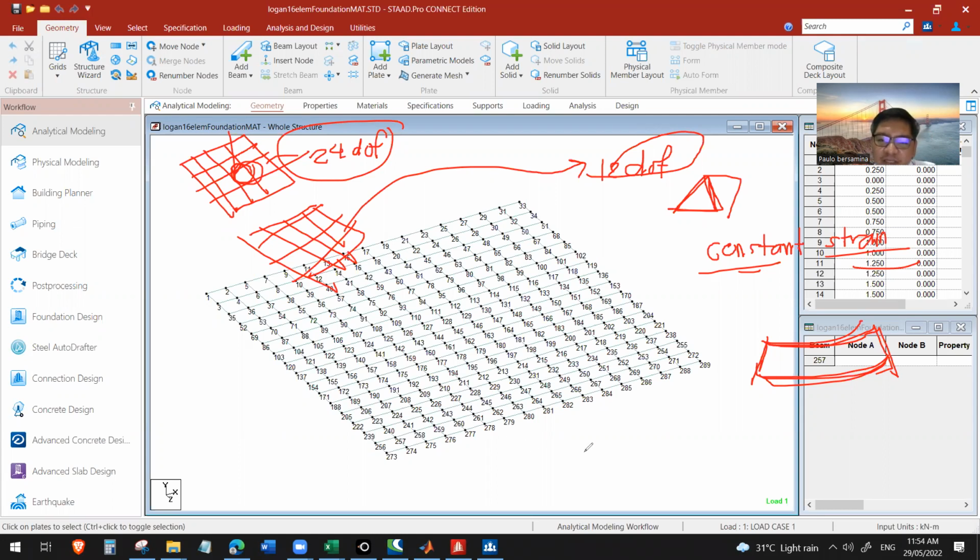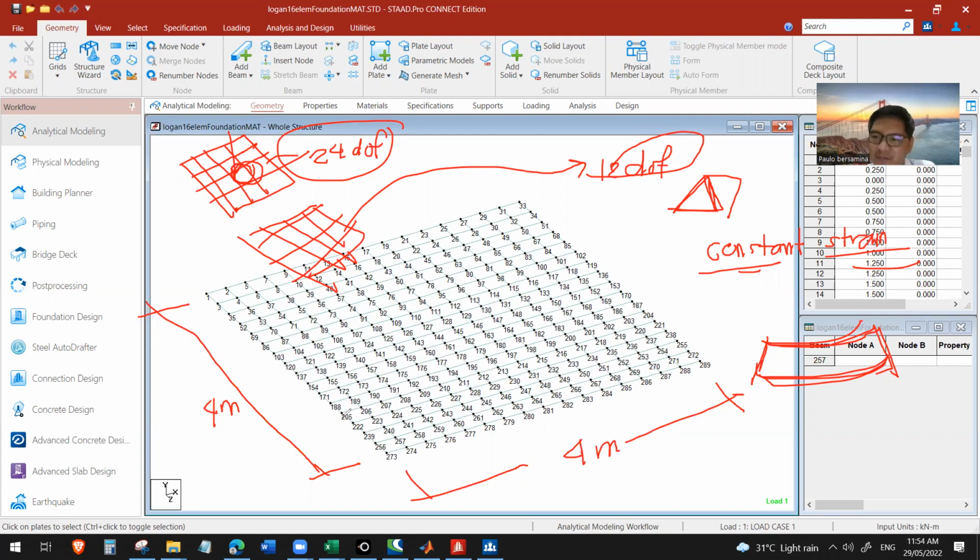Although hindi ko lang diniscuss sa video, this is a 4 meter by 4 meter footing, na una, I designed it first sa spreadsheet, using an isolated or rigid body. Ang tawag doon is rigid analysis, meaning hindi siya FEM, syempre.